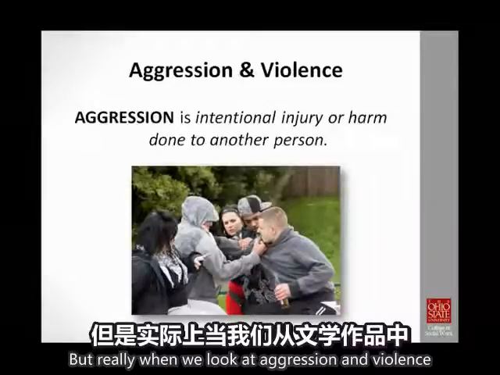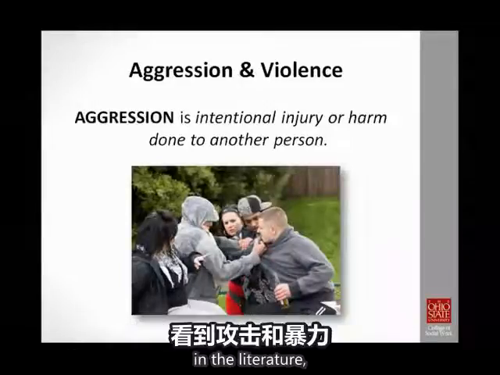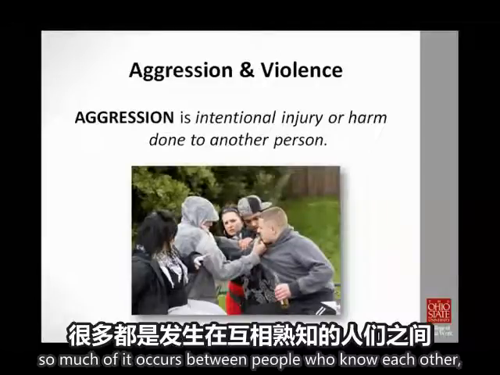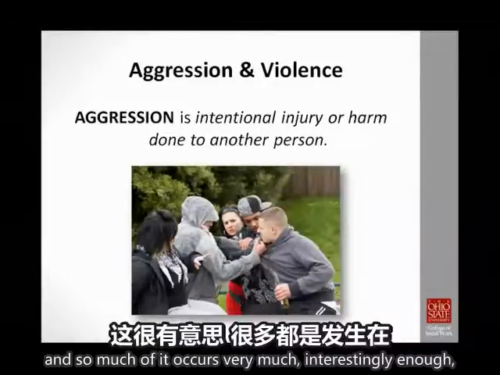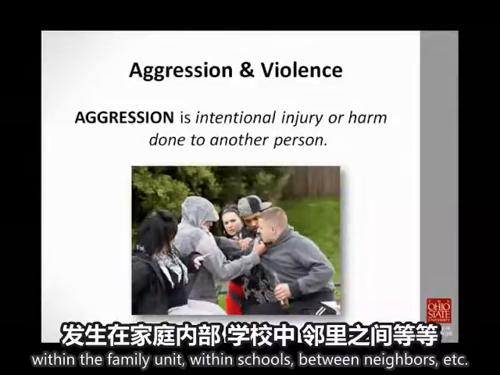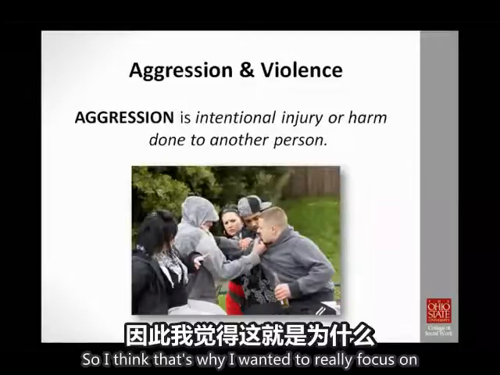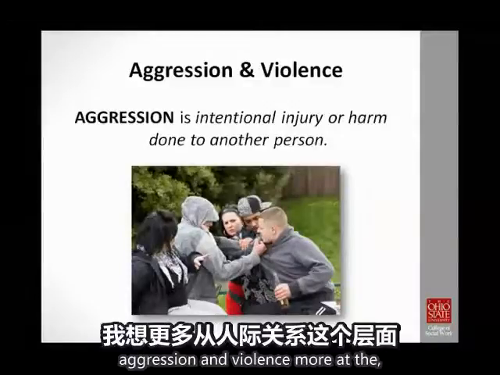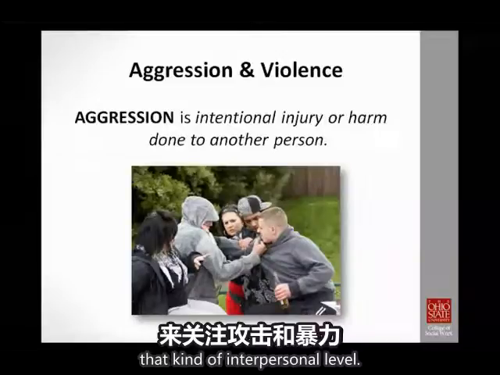But really, when we look at aggression and violence in the literature, so much of it occurs between people who know each other, and so much of it occurs, interestingly enough, within the family unit, within schools, between neighbors, etc. So I think that's why I wanted to really focus on aggression and violence more at that kind of interpersonal level.